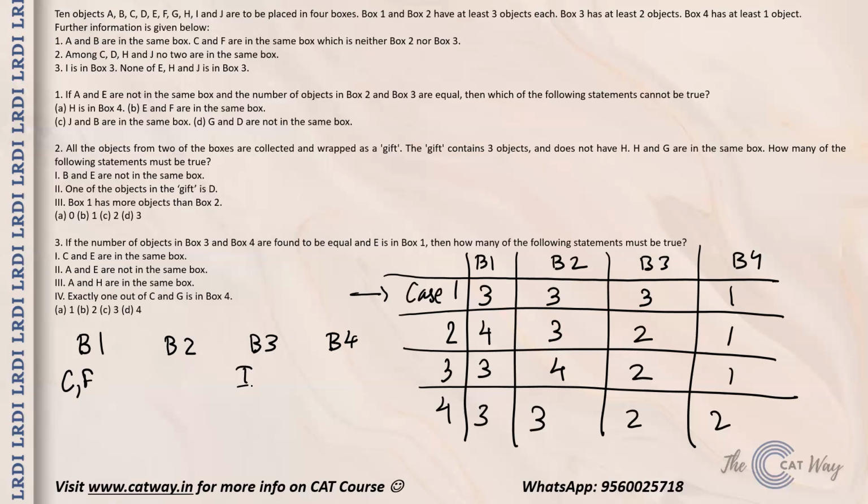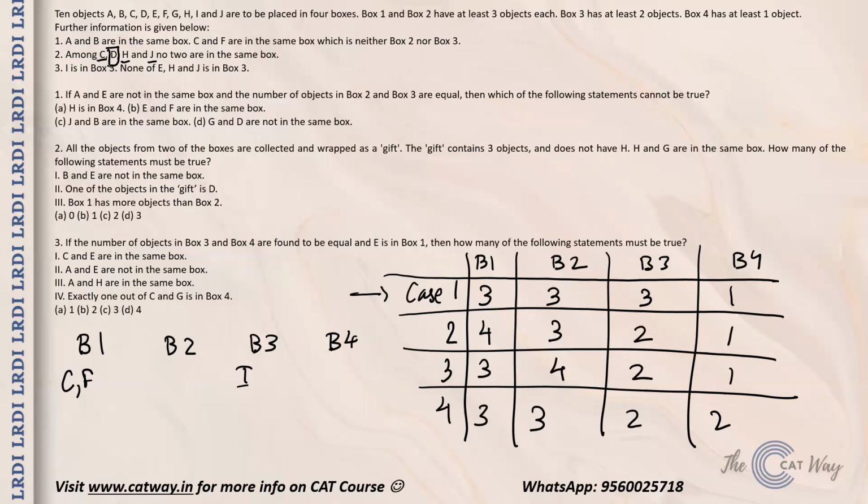Now, one more piece of information has been given: E, H, and J, none of them is in box 3. Between E, H, and J, we have H and J over here, right? So they cannot go in box 3. C cannot go in box 3. That means D is the one which has to go in box 3, because out of these 4, all have to go in one box each.